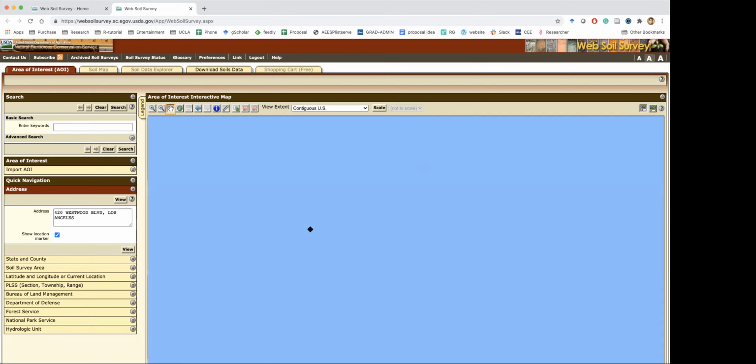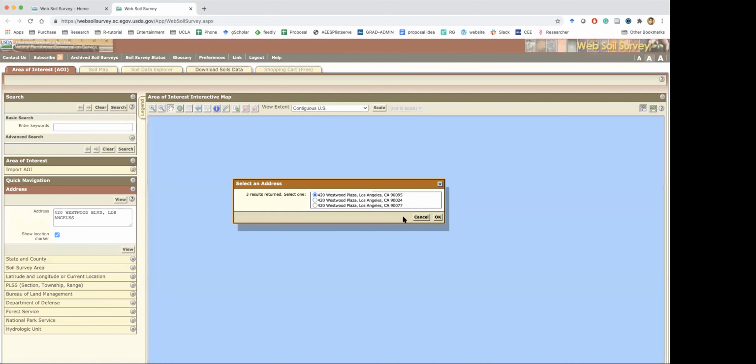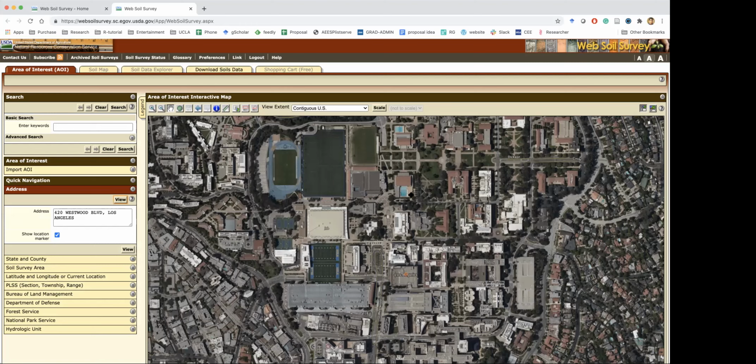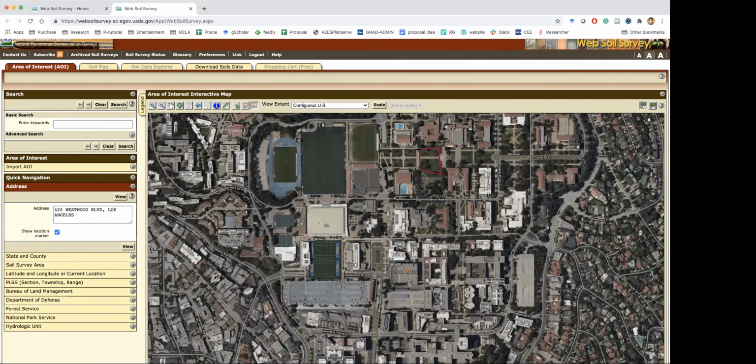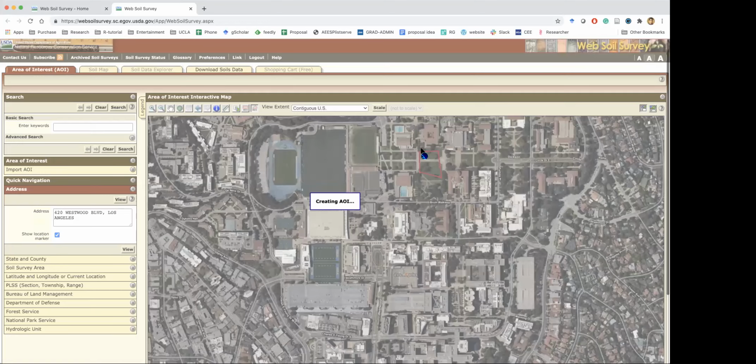Let me see view. Okay. So let's say you want to draw the area over here, and I want to know what soil type it is here. I think it's a little bit sensitive. You have to go all the way there to complete it.